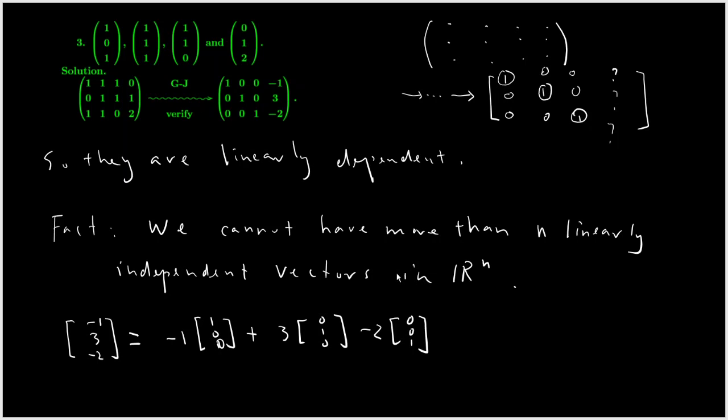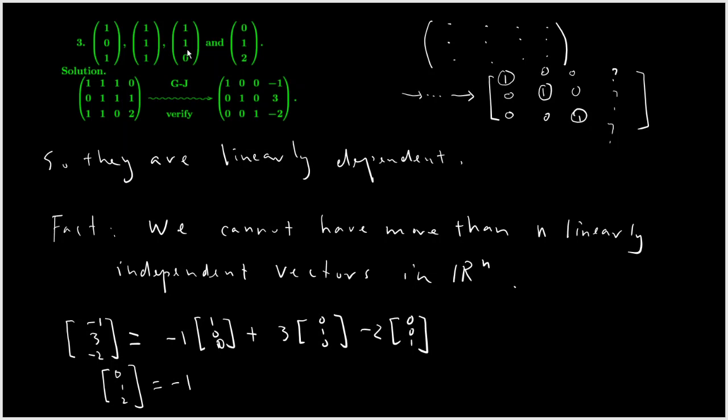Now the comment I want to make is that if the last column in the final form is a linear combination of the first 3 columns like that, then for the given vectors, the last vector is also a linear combination of the first 3 given vectors with the same coefficients. You can verify that.